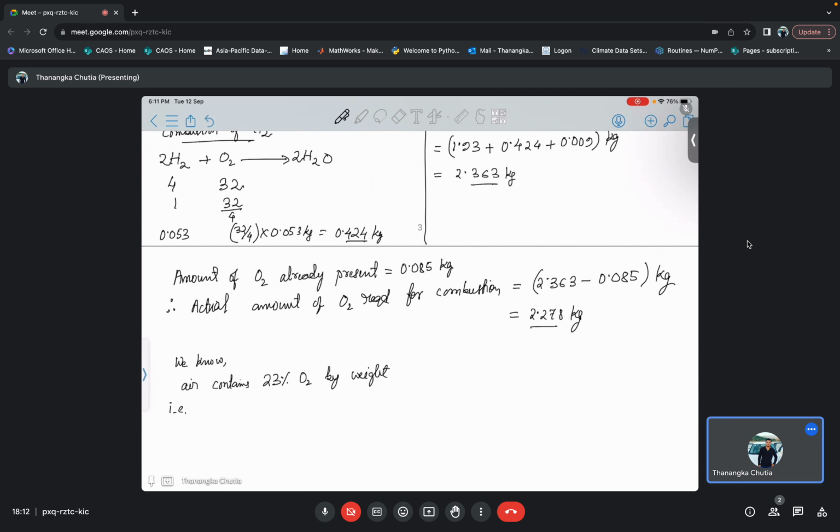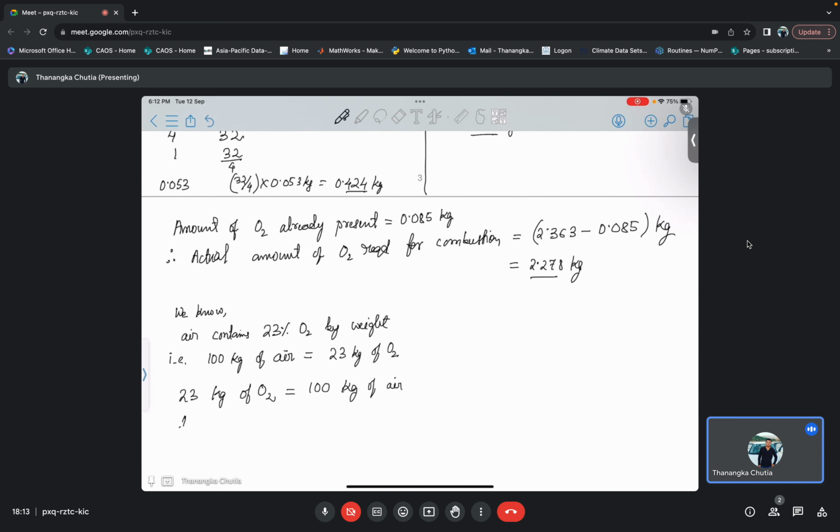That 100 kg of air contains 23 kg of oxygen. Now the thing is very clear. 23 kg of oxygen is contained in 100 kg of air. Now 1 kg of oxygen will be equivalent to 100 by 23 kg of air.